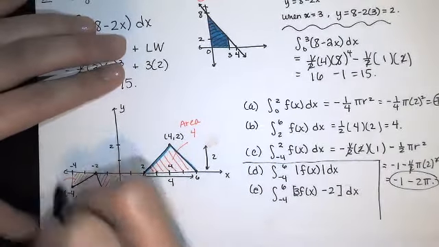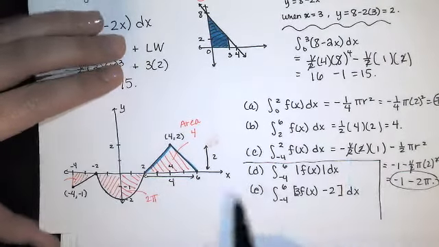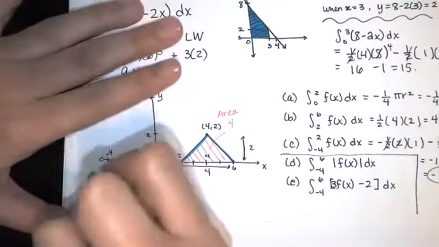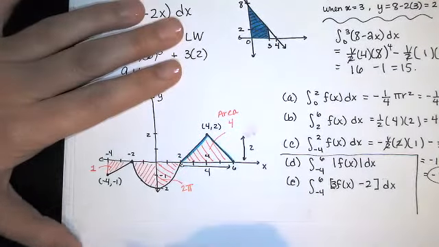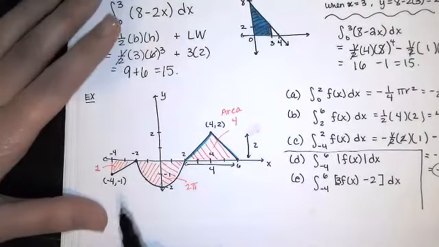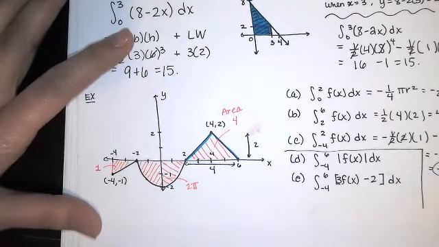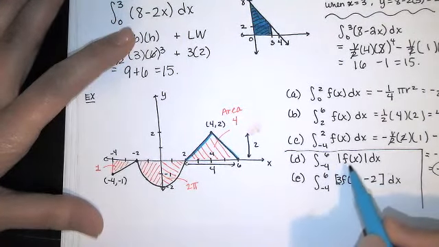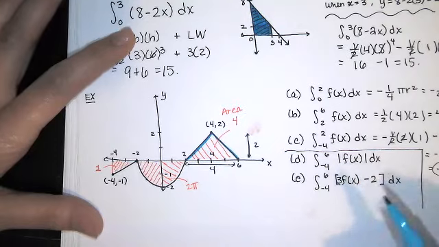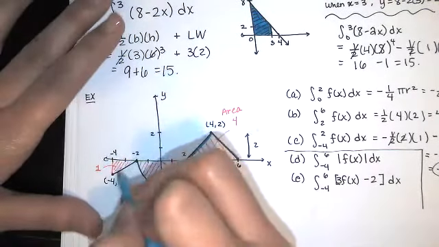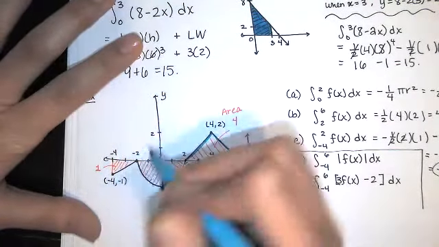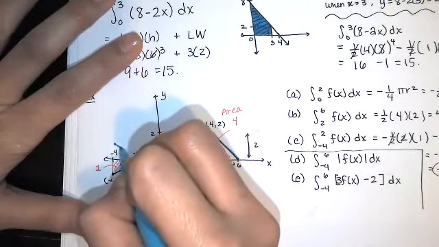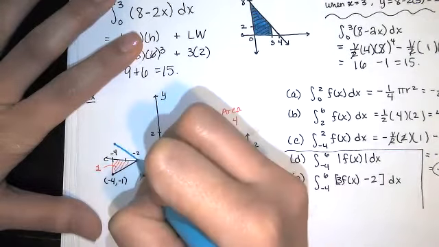And we found this area over here, and it happened to be 1. Okay. Now when I'm finding the area under the curve for the absolute value of f of x, everywhere that this function is negative, I have to multiply it by -1. It just flips the whole thing up.